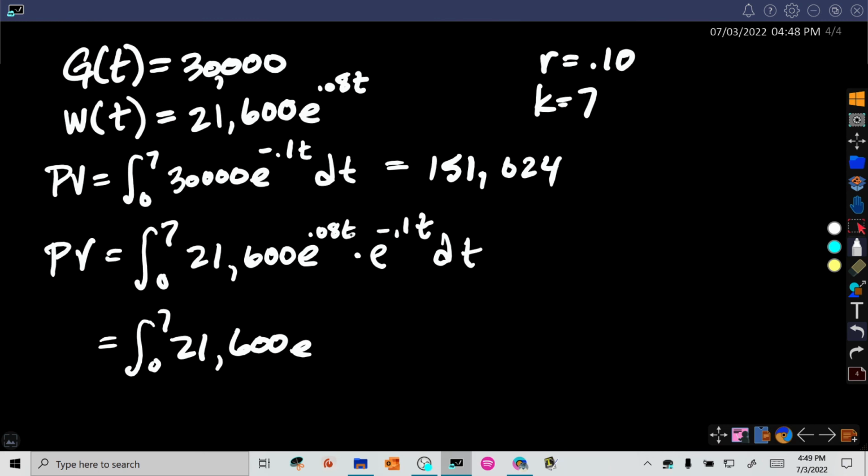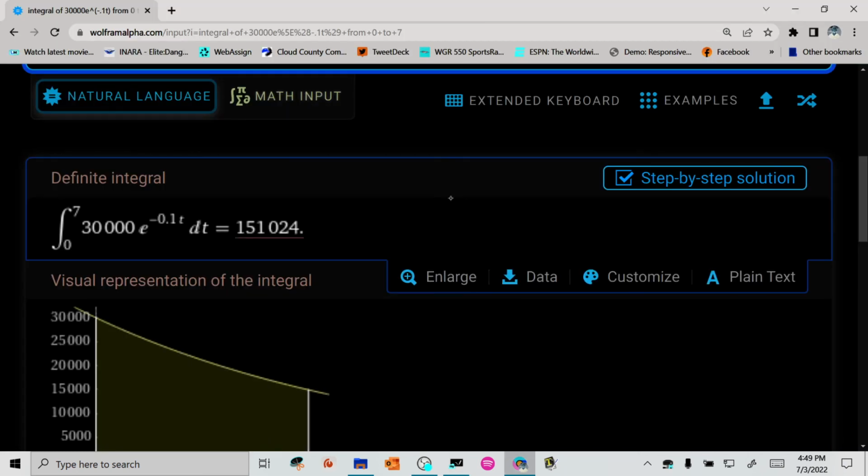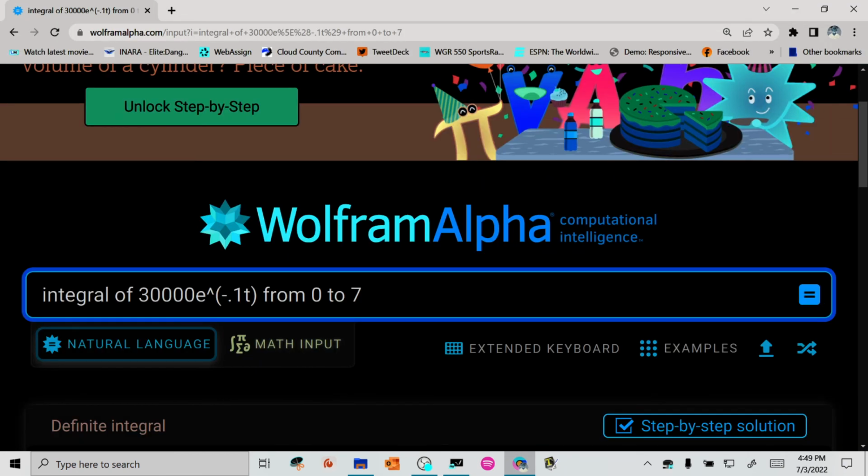You can just add those exponents together, so 0.08 and a minus 0.1. The difference is only going to be 200ths, and it's going to be a negative. So it's negative 0.02 t dt. Or you can literally just punch it in and be lazy, so I might actually just do that.